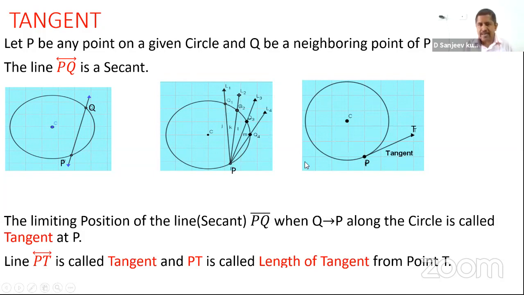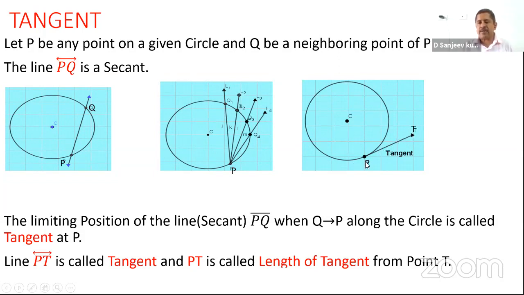This line is what is called a tangent. So the limiting position of secant PQ when Q tends to P, or Q approaches P along the circle, is called the tangent at P. So this line PT is what is called a tangent.